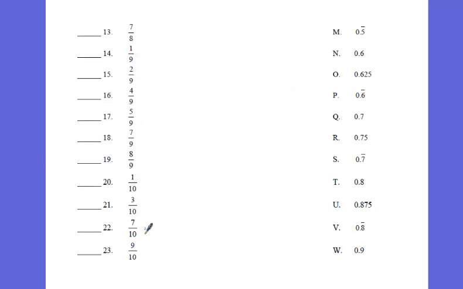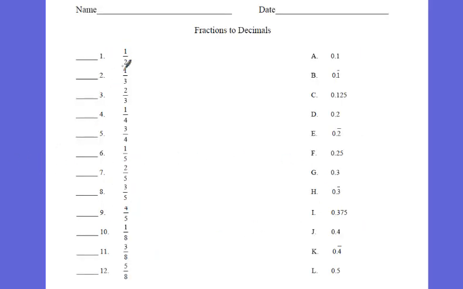It goes on down; there are 23 of them that I want you to do. I want you to determine the fraction to decimal equivalents. You don't have to print out the form or anything. On question number 1, you'll put in the letter of your answer choice. On question number 2, you'll put in the letter of your answer choice, and so on and so forth.